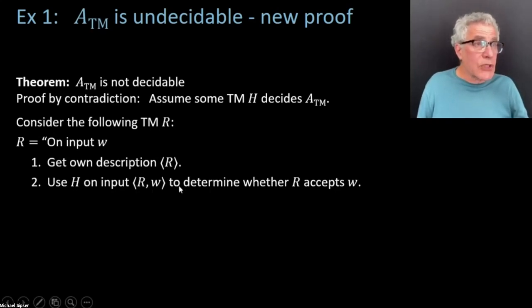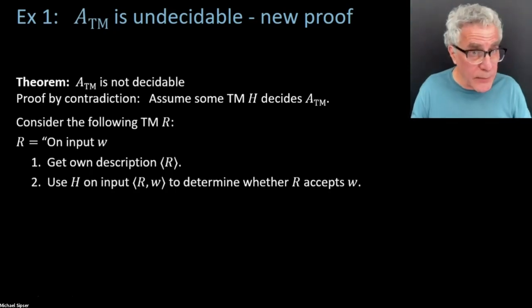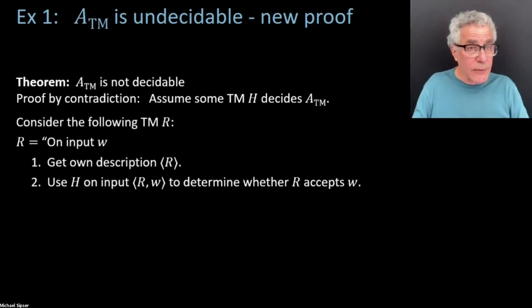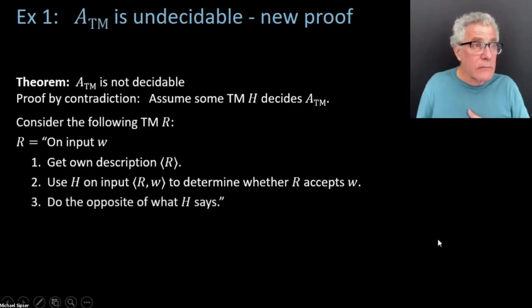R now uses H, and it knows what it's supposed to do. H is going to say, you're going to accept W, or you're not going to accept W. That's what H is assumed to be able to do. But then what is R going to do after that? R is going to do the opposite of what H says it's going to do. So if H says R accepts W, then R is going to reject W.